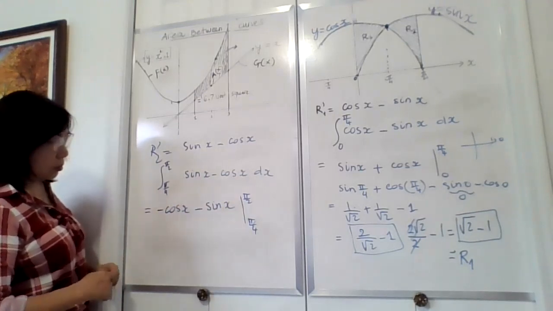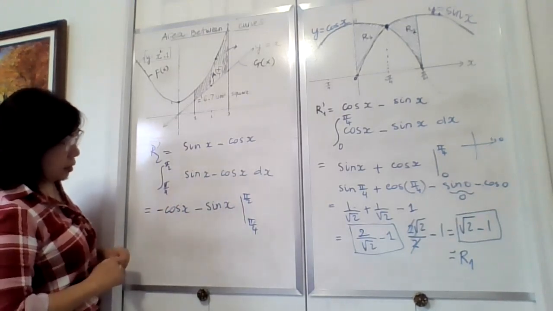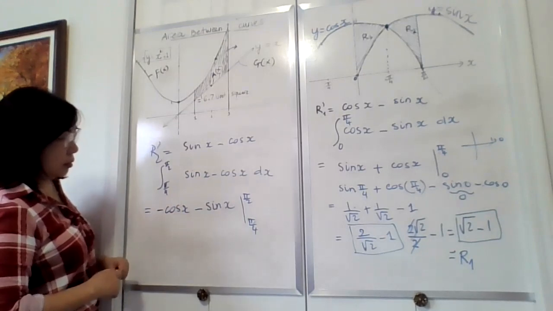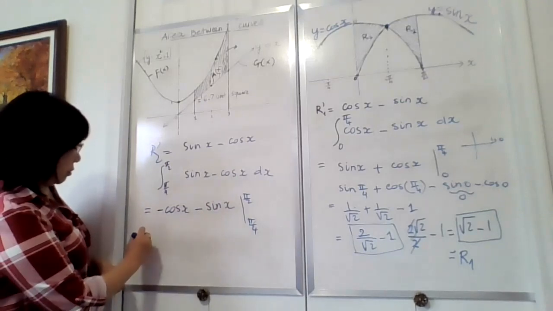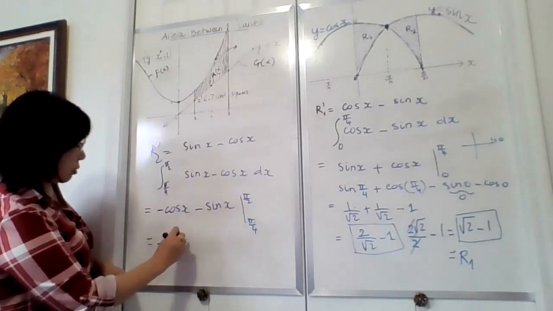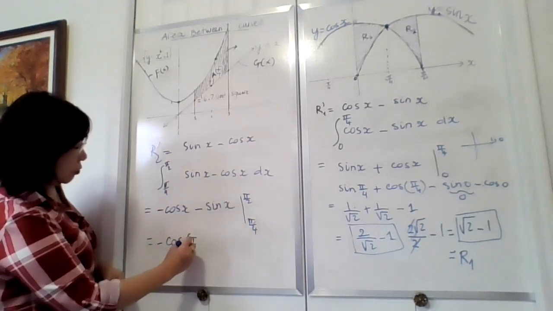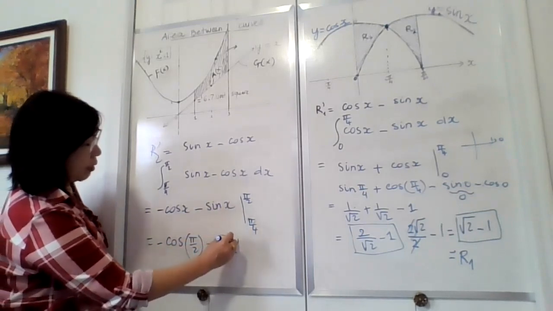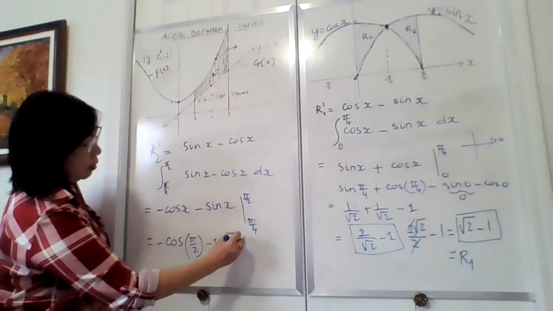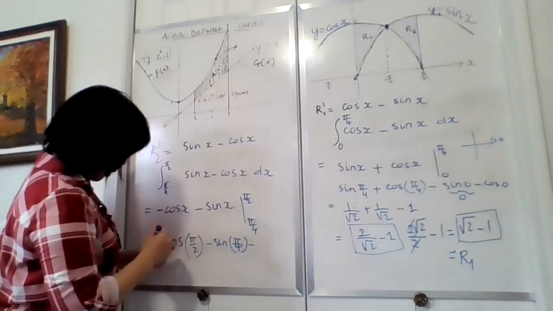Now I'm going to substitute the values in. So I have minus cos of x at pi over 2, minus sine of x at pi over 4, sorry, my mistake here.